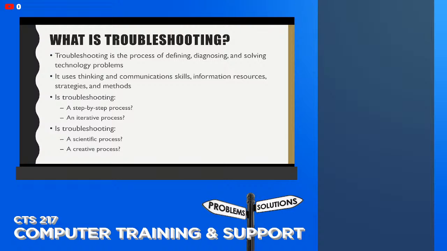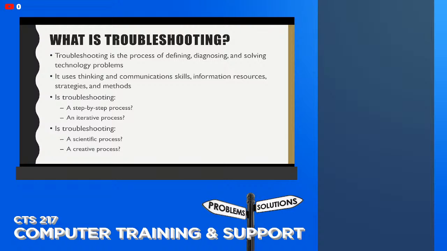But either way, if we follow a process, if we set out a step-by-step situation where we are following a process from beginning to end, then we're going to have an easier time coming up with solutions for our problems, because we have our starting point, we have what we're going to do, and we have our end point.